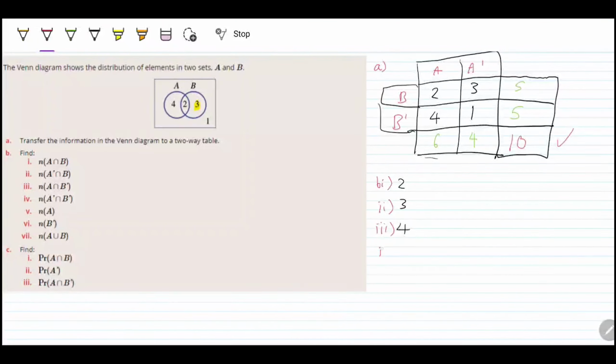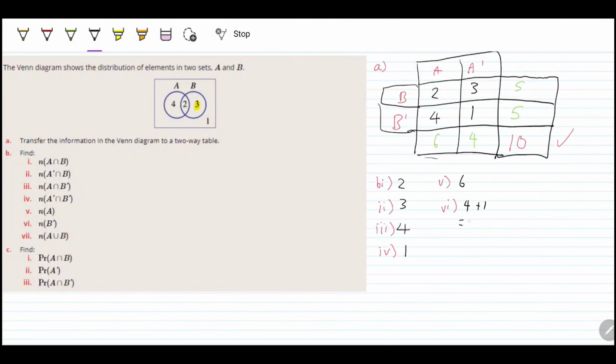In B(iv), this is asking us the number of elements that are not A intersecting with everything that is not B, so this will just be 1. In B(v), this is asking us the number of elements in A, so that's going to be 6. B(vi) is asking us the number of elements which are not B. Everything that is not B is going to be 5, where we get 5 from 4 plus 1.